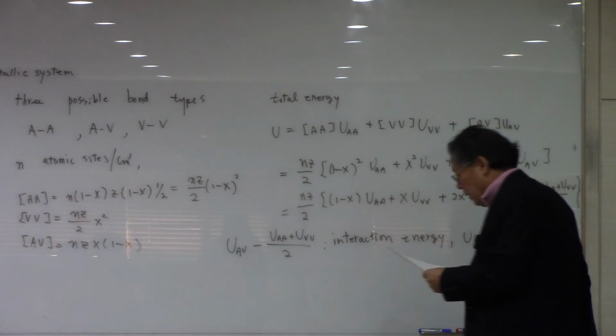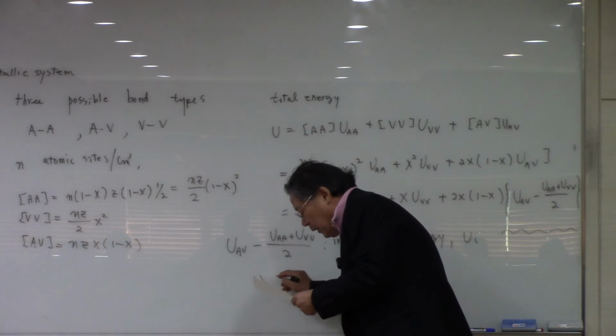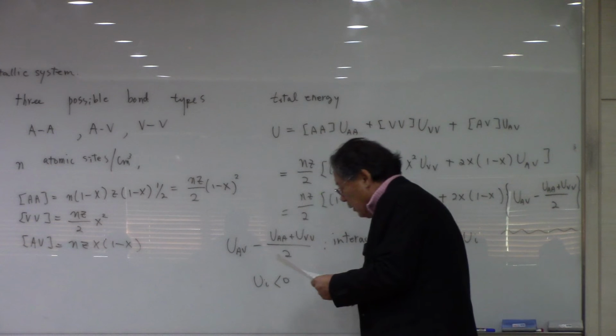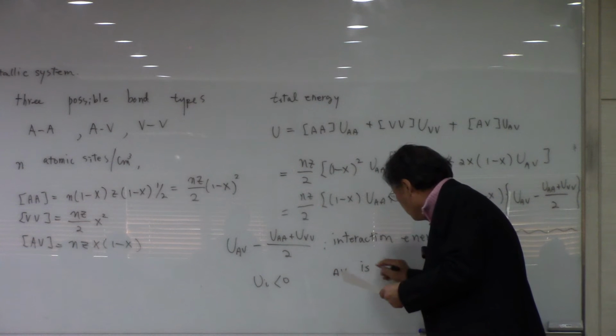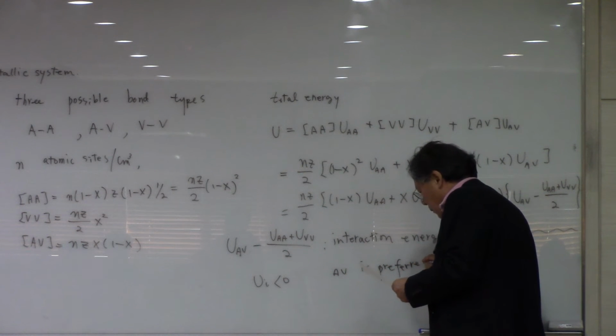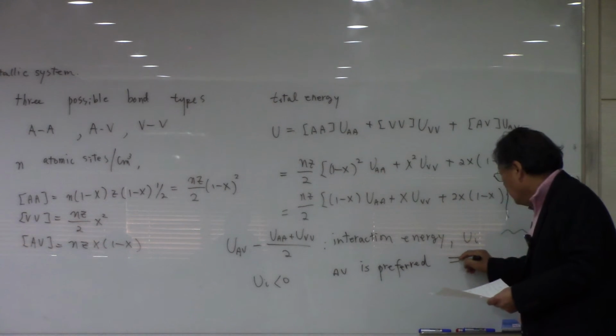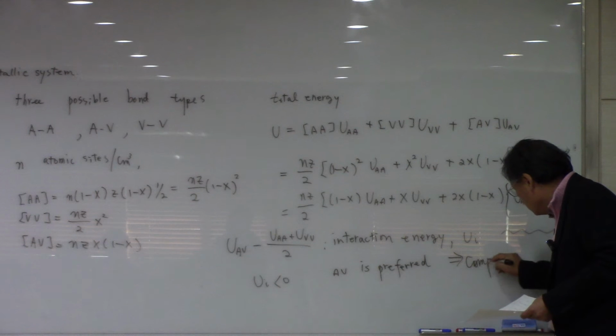That is UI. Okay? So if UI is less than 0, that means AV bonding is preferable. That is, it tends to make compounds.